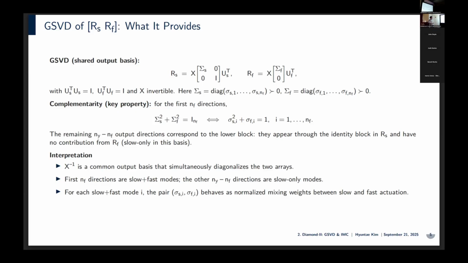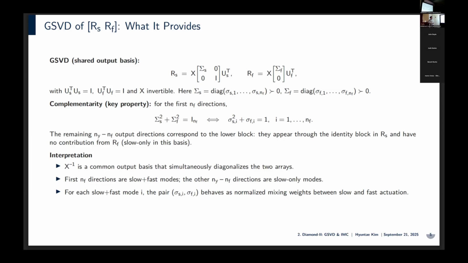One good property of this GSVD, just the same as the singular value decomposition, is that Sigma_S squared plus Sigma_F squared is equal to identity, which means that the Sigma_S parts can distribute their effort automatically in the sense of mathematics. So in this system, the remaining n_y minus n_f output directions correspond to the lower block.